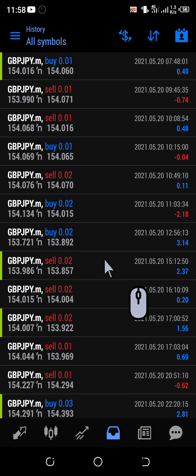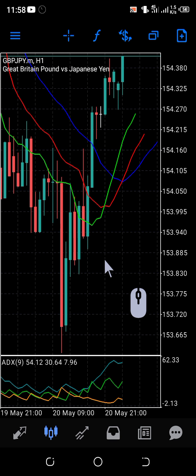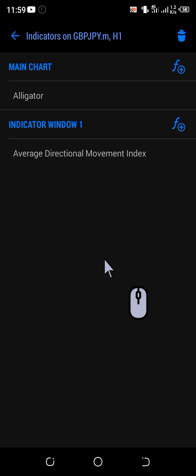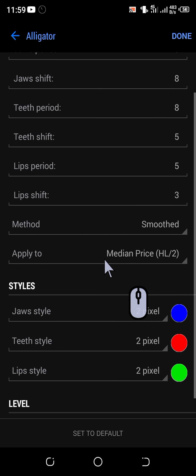So the first thing you want to do is go to the charts. Here inside the charts, you click on FX, where you see the list of indicators. The first indicator you want to add is the alligator. After adding the alligator, just leave everything by default.